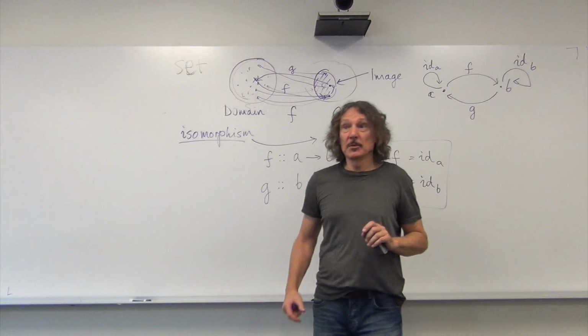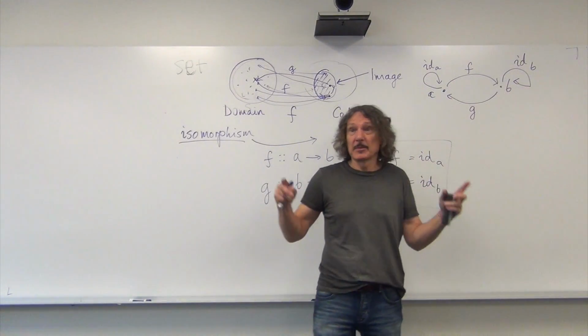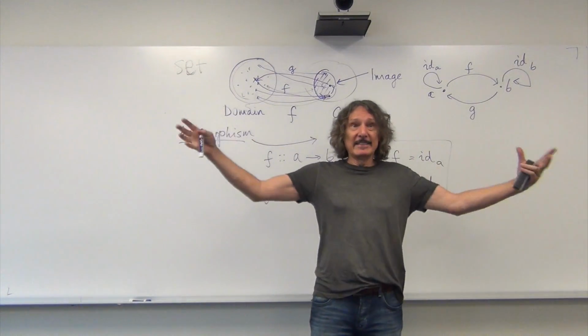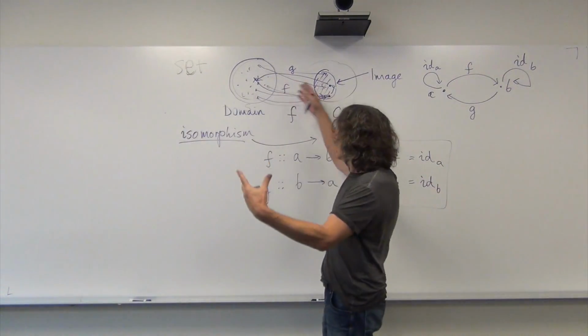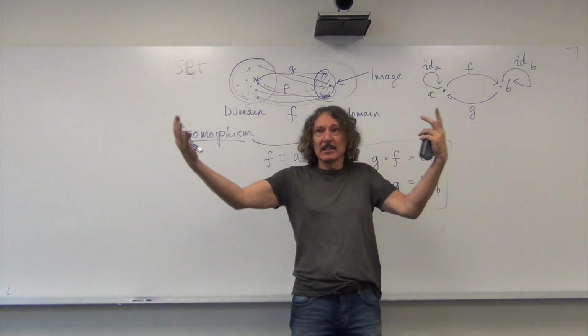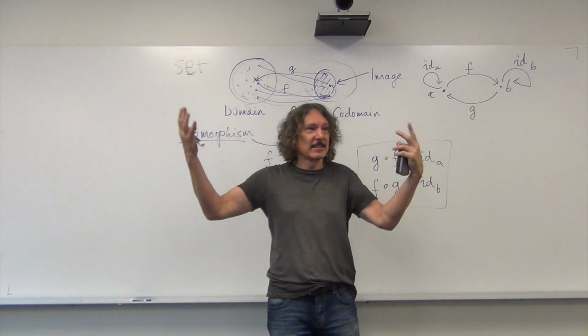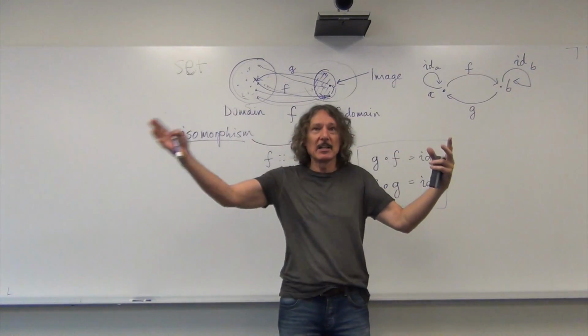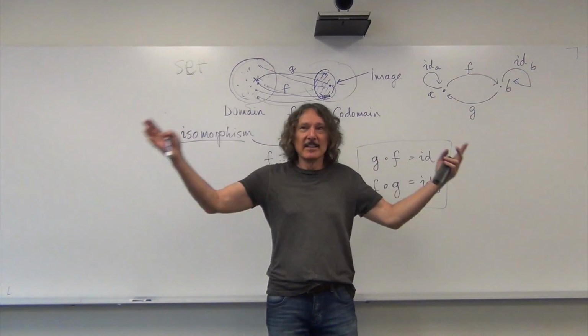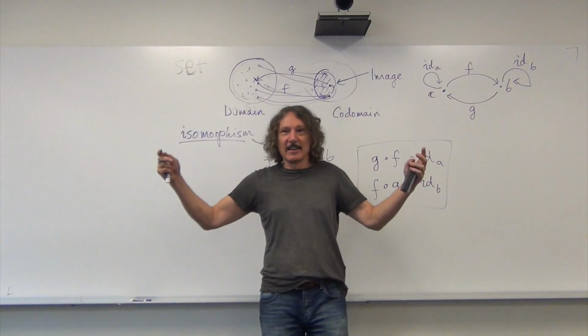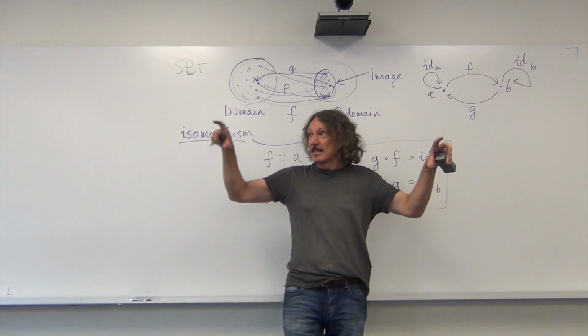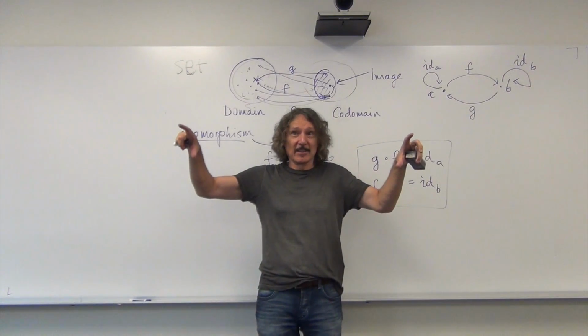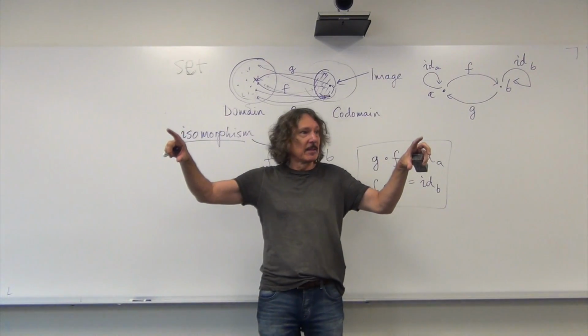Okay, but so isomorphisms are great because isomorphisms identify two sets. They say this set really looks like this set. There is a one-to-one mapping between elements of these sets, right? So if this is a two-element set and this is a two-element set, I have a mapping between these elements.